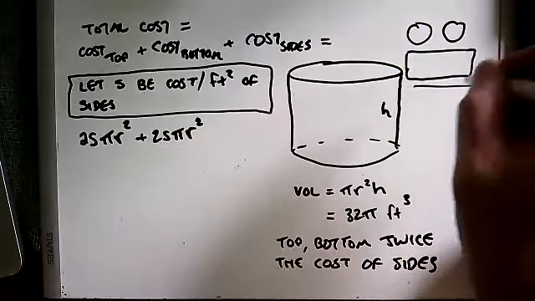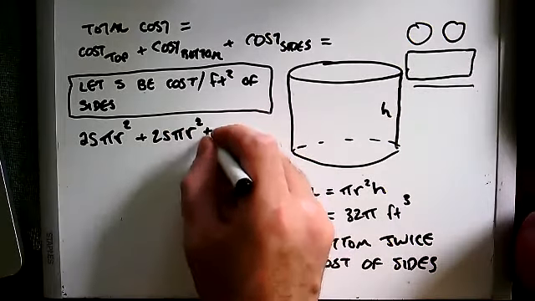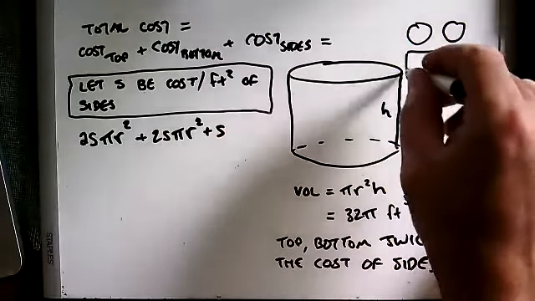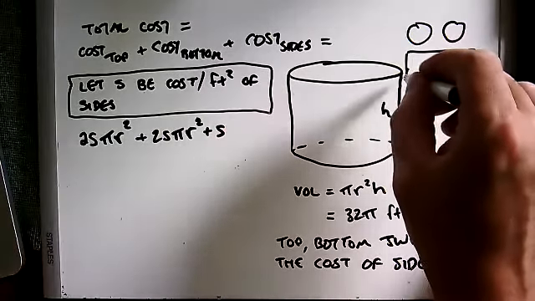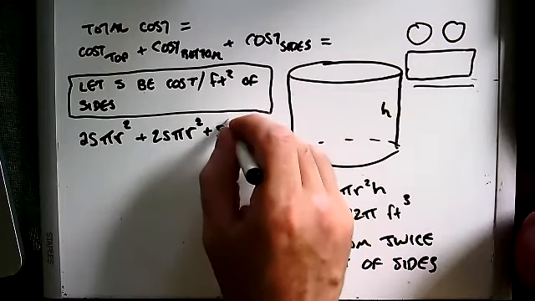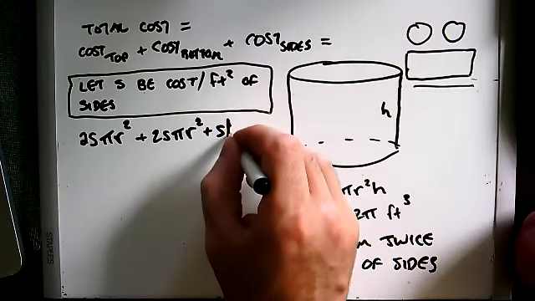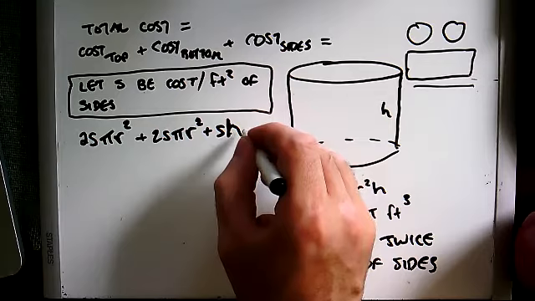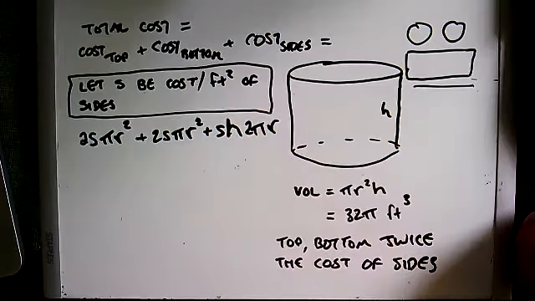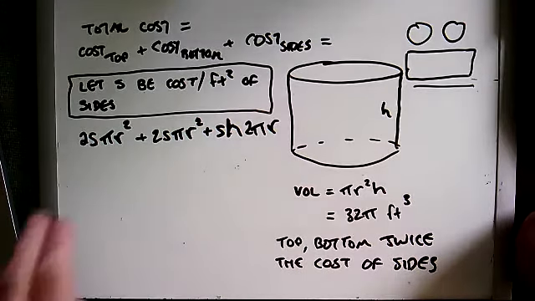And now this rectangular piece has cost s per square foot, and the area is h tall and then 2 pi r, that's the circumference of the circle. So the rectangle has dimensions h by 2 pi r. Okay, so here's my cost model.